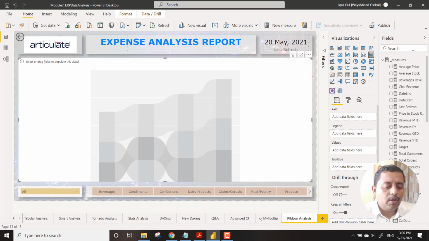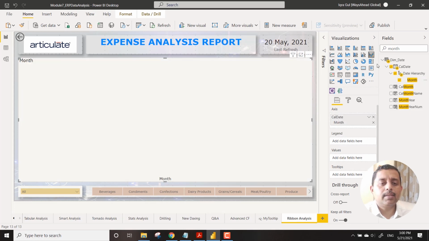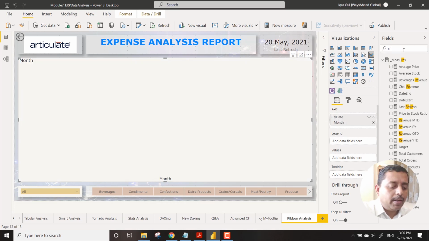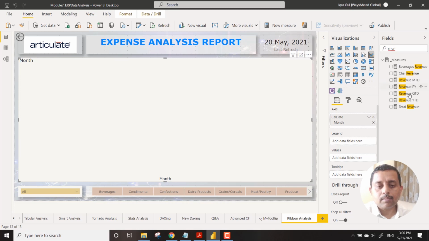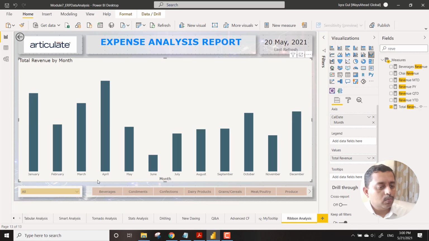Very simple. What we do is we take month as the axis and we take revenue. Immediately you can see from January to December the revenue details are coming.